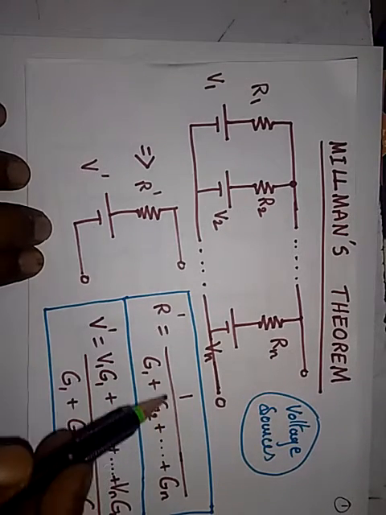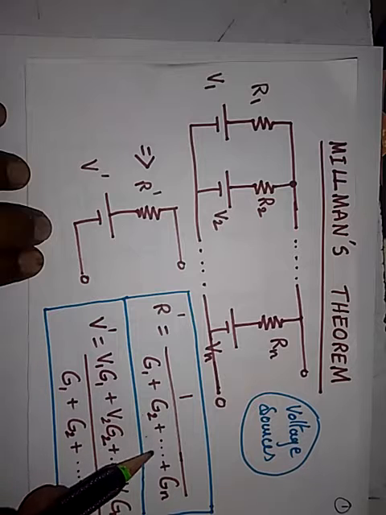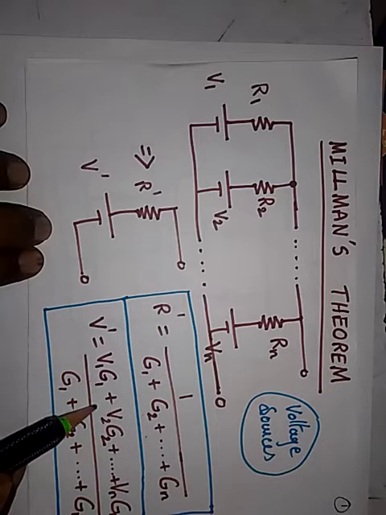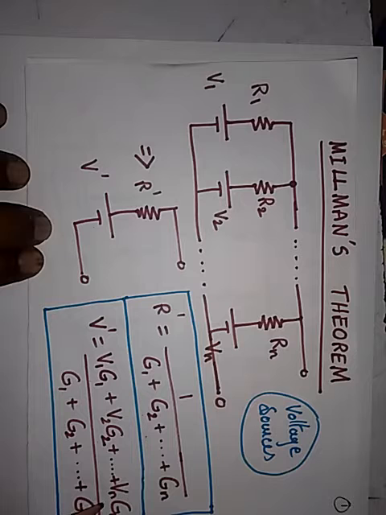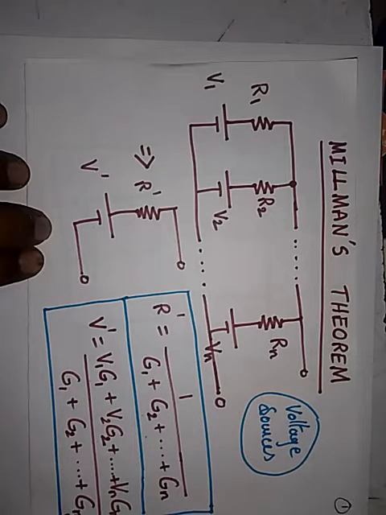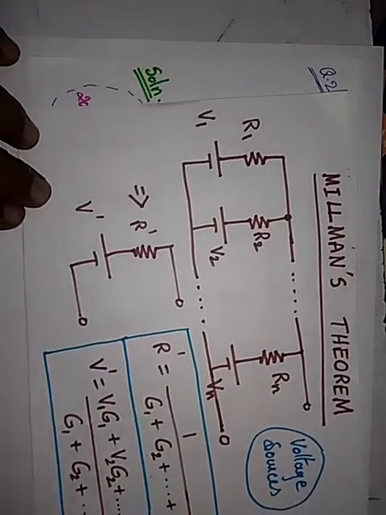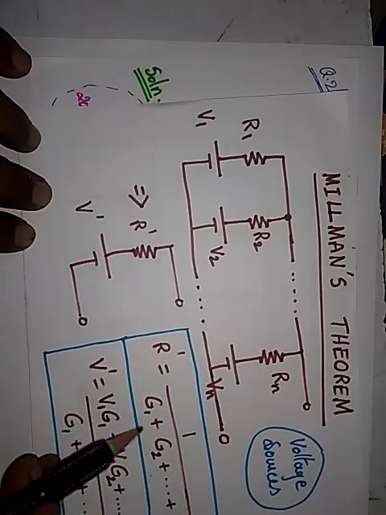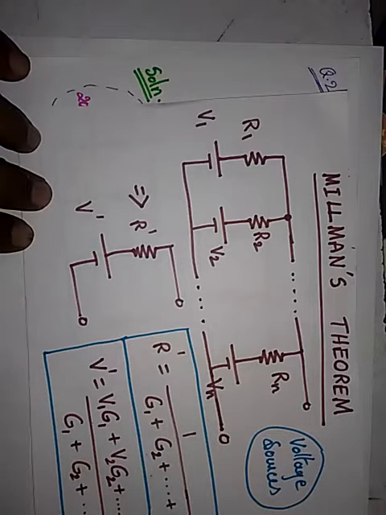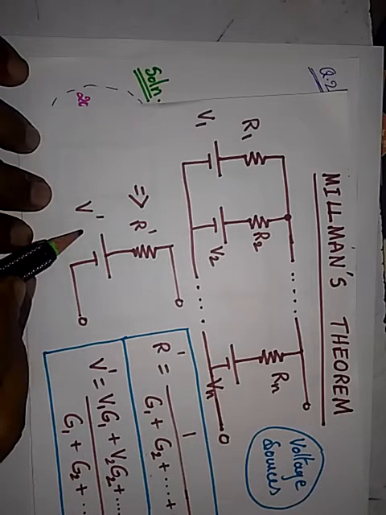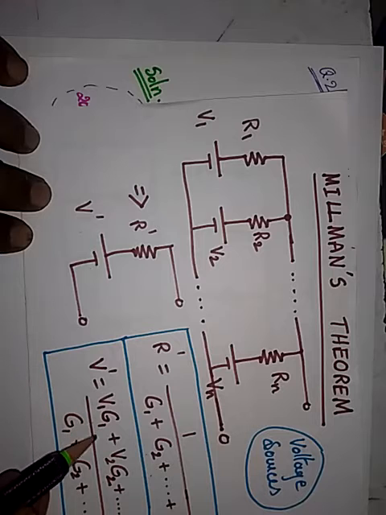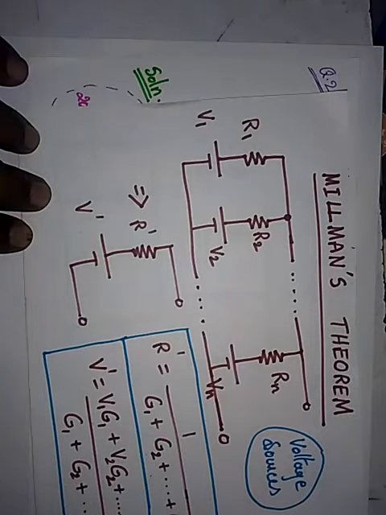R dash is given by 1 divided by G1 plus G2 plus up to Gn, and V dash is V1 G1 plus V2 G2 plus up to the nth source Vn Gn divided by G1 plus G2 plus up to Gn. But now in this case we have only 3 voltage sources, 1, 2 and 3. Therefore R dash will be 1 divided by G1 plus G2 plus G3. Similarly we have 3 voltages, so V dash is equal to V1 G1 plus V2 G2 plus V3 G3 divided by G1 plus G2 plus G3.